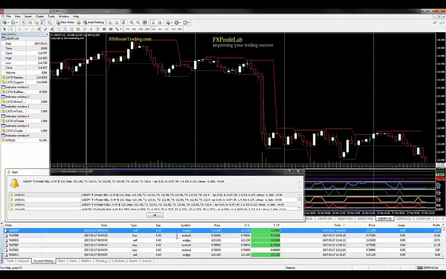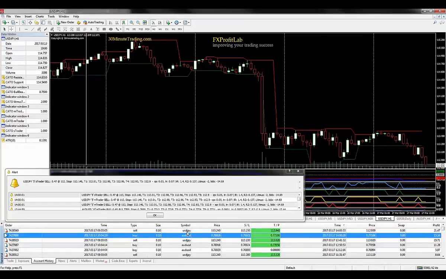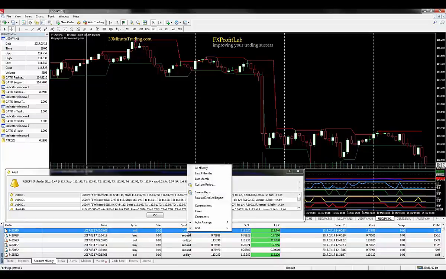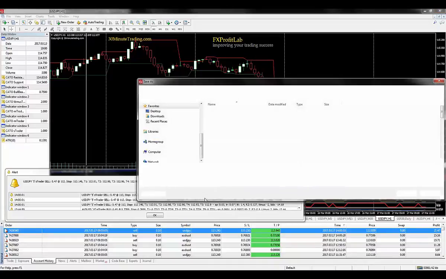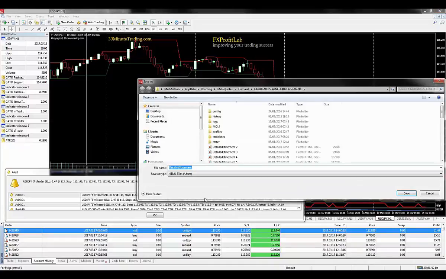We come across to that and we've got the account history here, as you can see. So I'm going to right click that, save as detailed report, and you can see it wants to put it down into this complicated folder, app data, roaming, MetaQuotes, and so on, with a big long number on it. You can do that, or you can put it somewhere else.